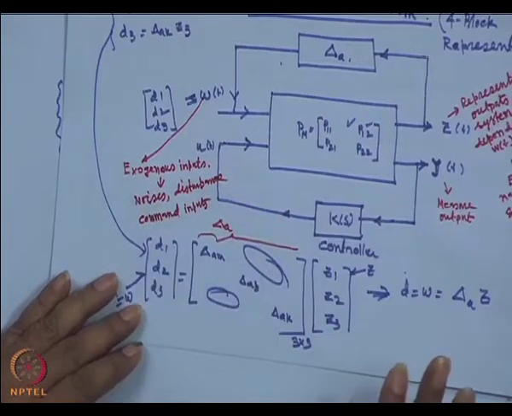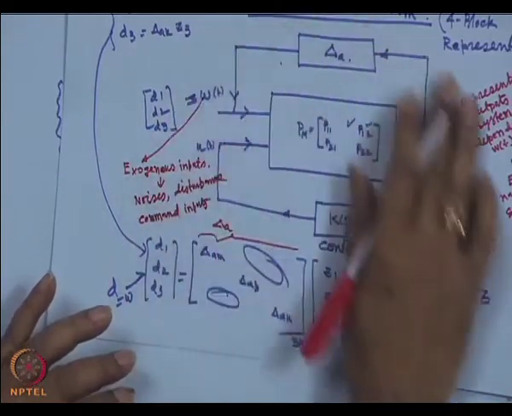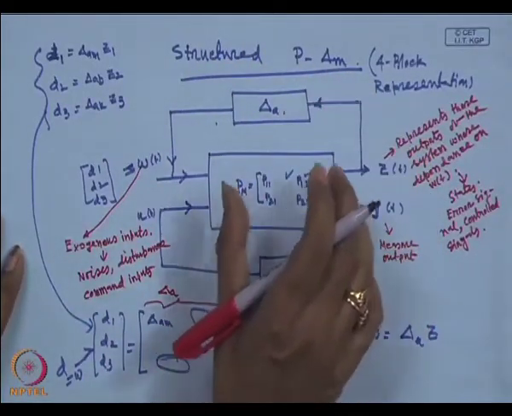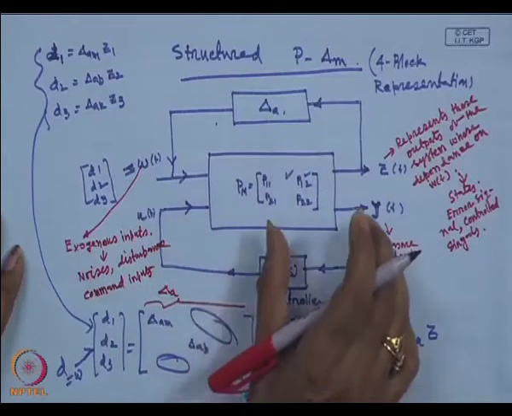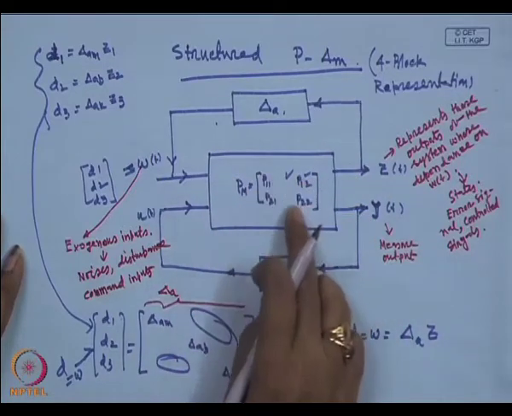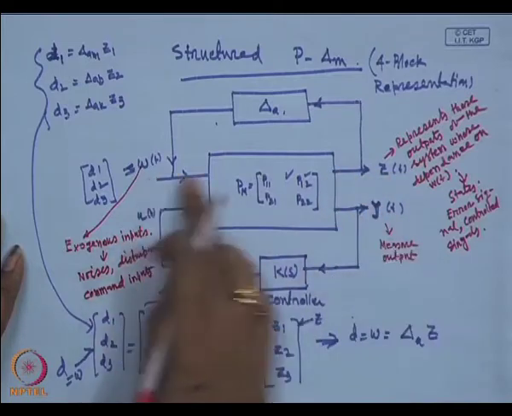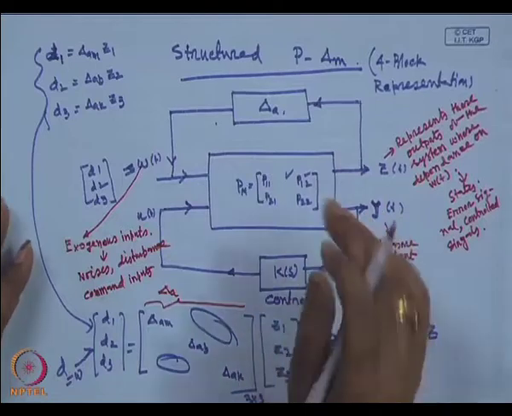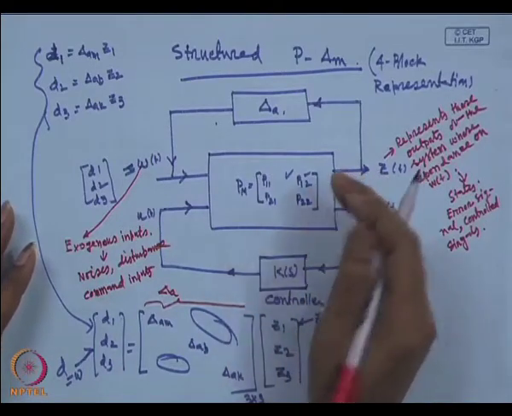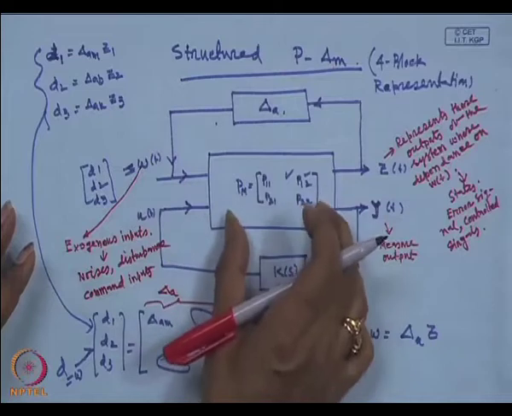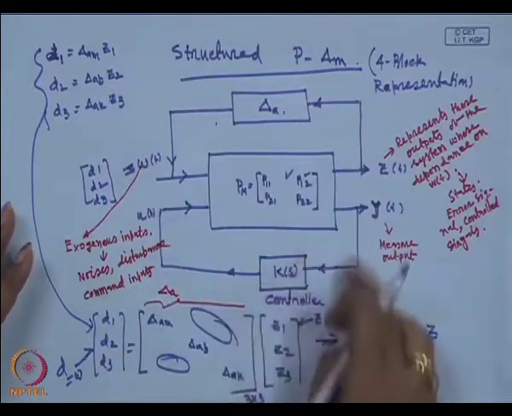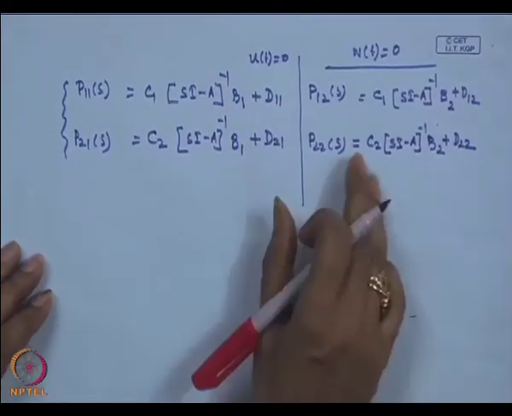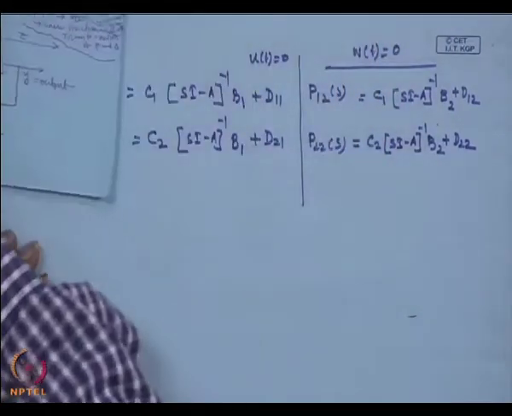So, any system we can represent as a four block diagram representation. Four signals are there: two inputs and two outputs. If there is an additive perturbation, we can take it out from the plant model, and the controller is this one. This is the general structure.